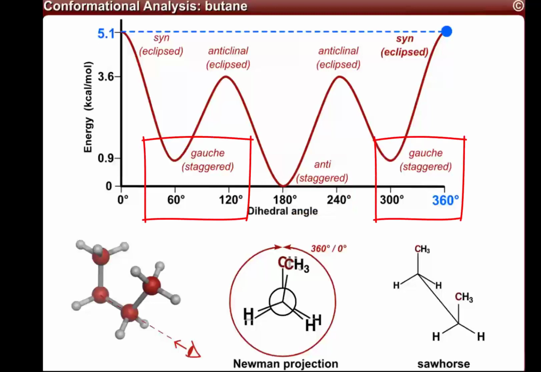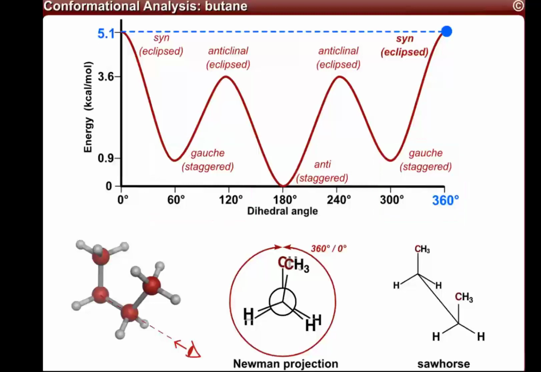However, if the large groups are displaced by 60 degrees, then we refer to that as gauche. And that refers to both if the groups are to the right of one another or to the left. So some people may know from their French that gauche, of course, means left. But in this case, it's the same word regardless of whether it's to the right or to the left.